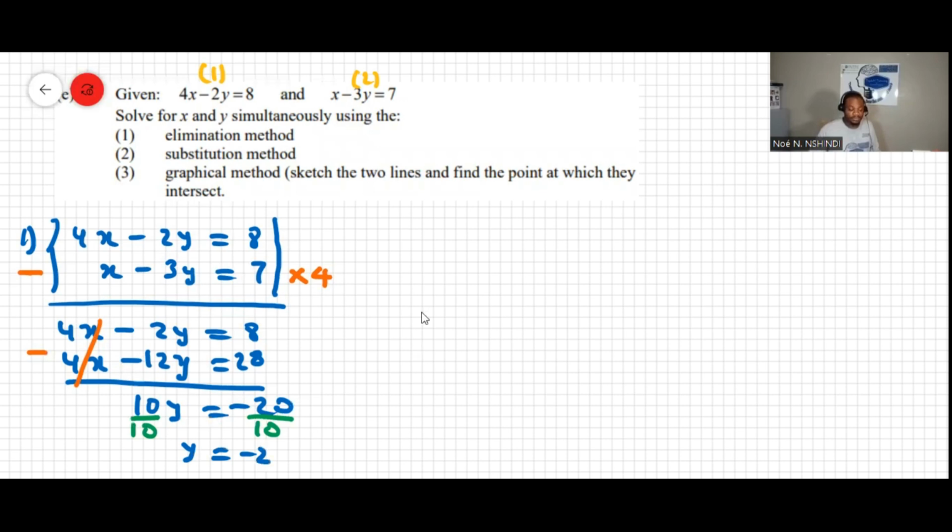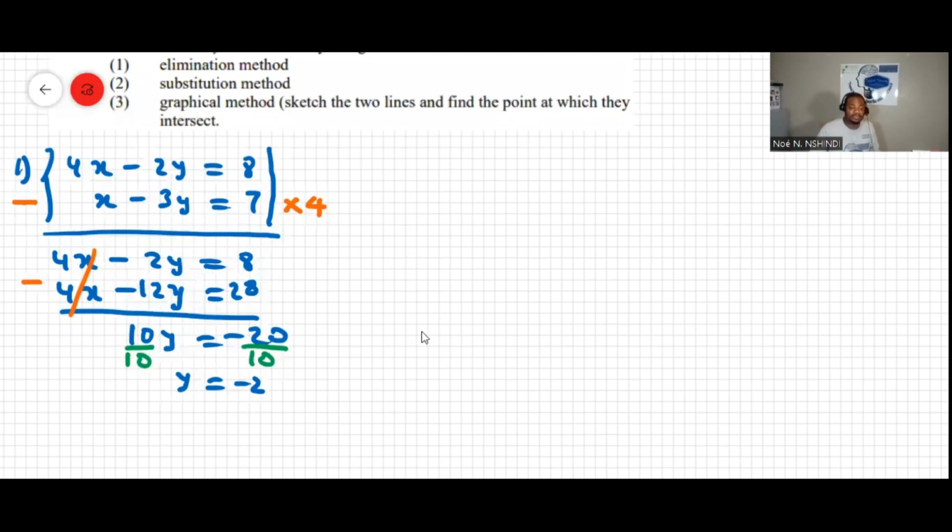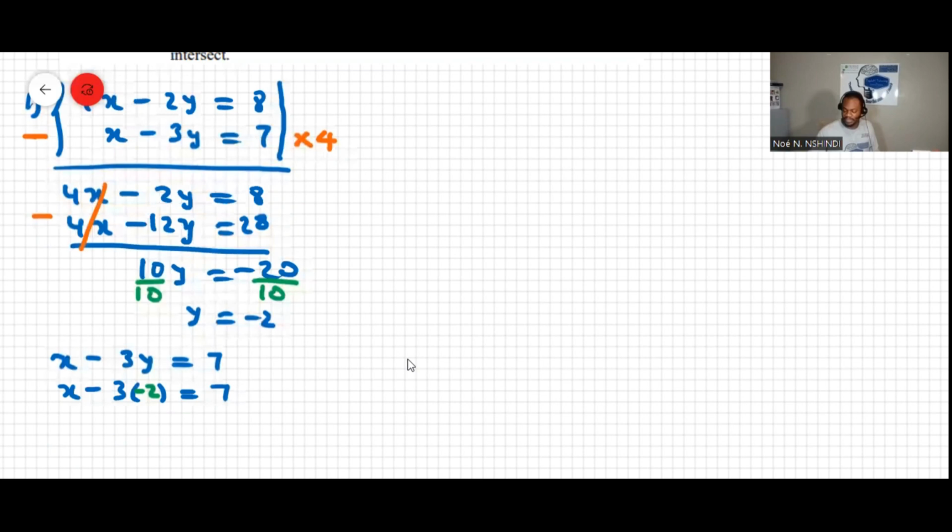Now that I got the value of y, I can substitute it in either equation 1 or equation 2. I prefer to do that in equation 2. So we have x minus 3y equals 7. Y is negative 2, that will make x plus 6 equals 7.